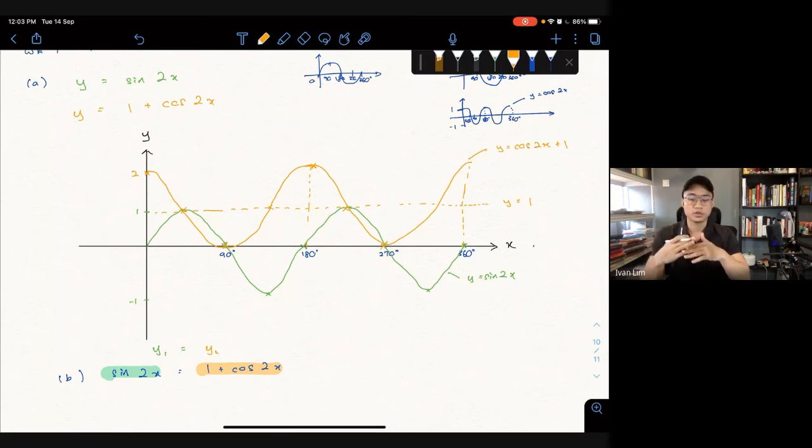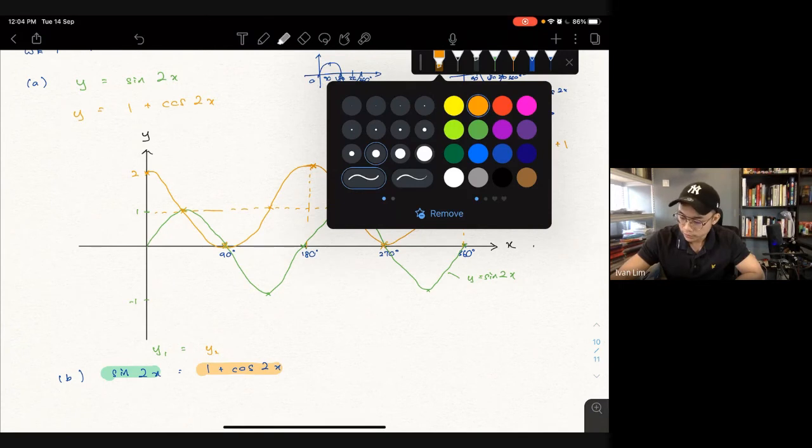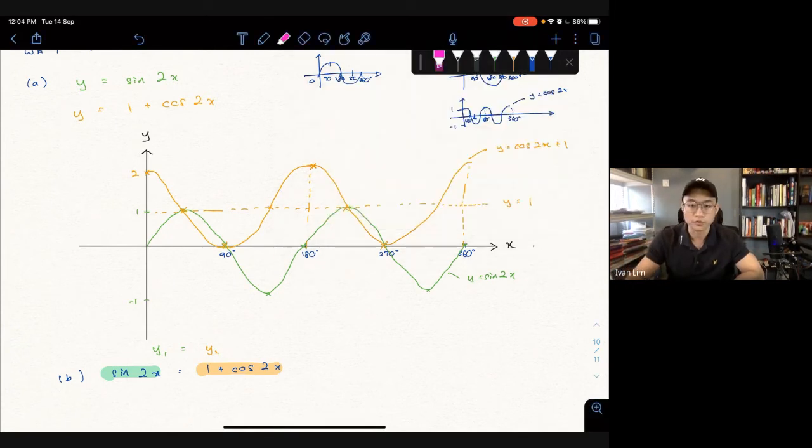As long as you sub one equation into another, that is what we've been doing in mathematics. In fact, this is what we learn since the first time you encounter mathematics: we're always subbing one into another to find an answer to the problem we are trying to solve. Normally, it's the relationship between two parties. So y1 equals y2, number of solutions. We are not supposed to count it. All we need to do is find the points of intersection. That is the roots. The other meaning of roots is solution.